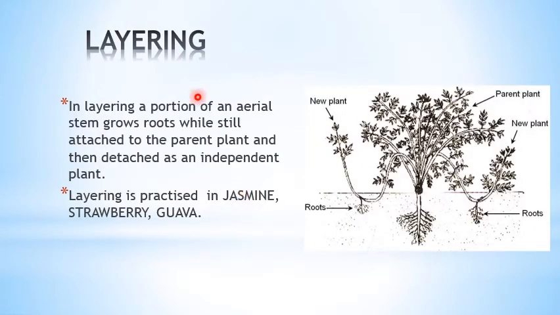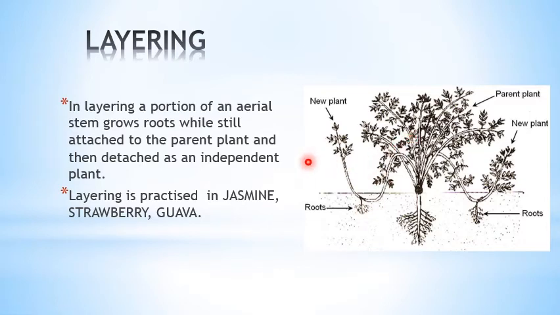Layering. In layering, a portion of the aerial stem grows roots while still attached to the parent plant, and then detaches as an independent plant. You can see this is the parent plant, and these are the lateral branches coming out, and they are being sown under the soil. So this is the lateral branch, sown under the soil, and from here it develops roots, still attached to the parent plant.